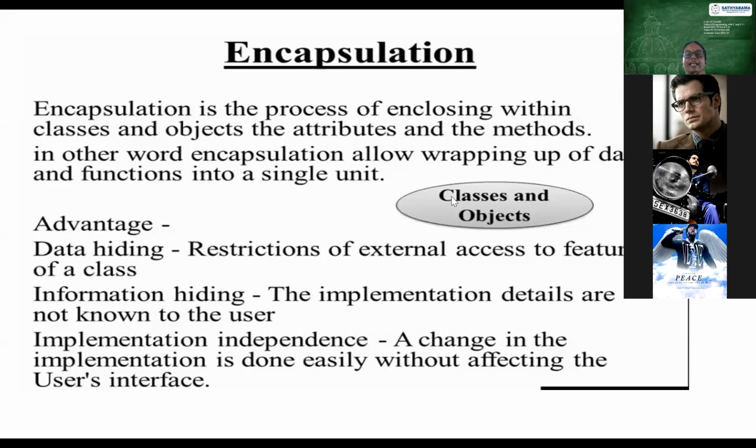Not only data hiding, code hiding will also be there. Then implementation independence. If I want to make any modification, similarly every day your system and your mobile ask whether you want to update anything. If you want to update, you give the update, and then automatically the user can still use it.